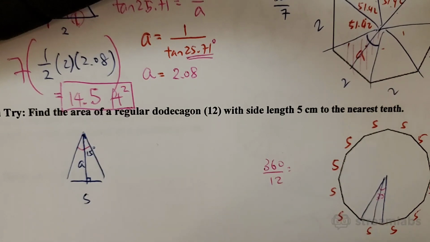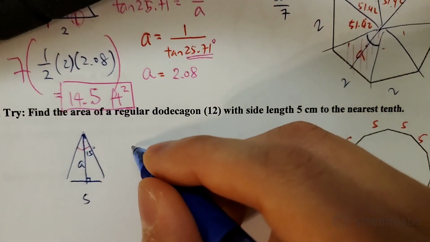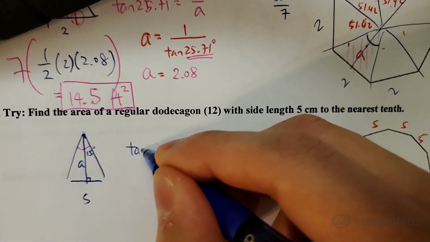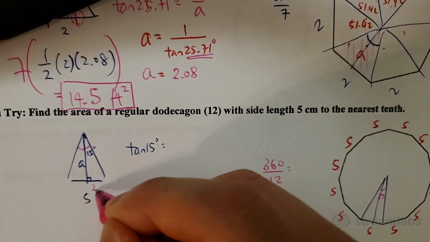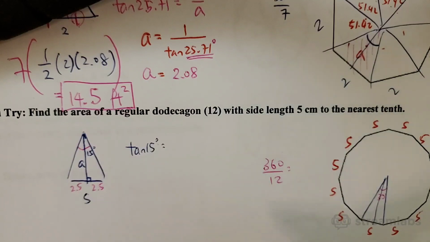Lissa, I got you. So then I will do tangent 15 degrees is equal to, if you cut it in half, 5 in half is 2.5 and 2.5, right?